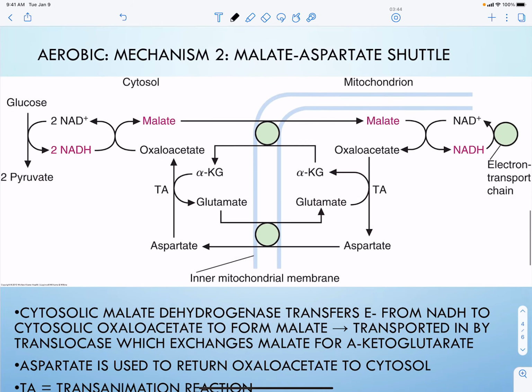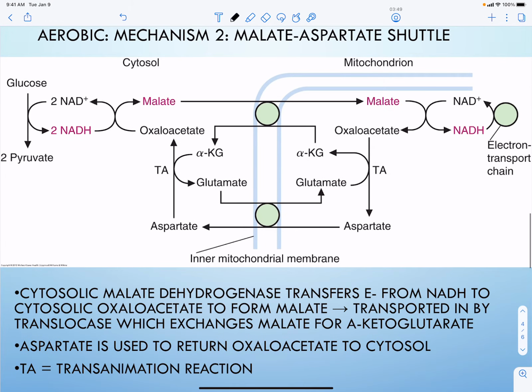Now the second mechanism for shuttle is going to be the malate-aspartate shuttle. Again, we started with glycolysis. We have glucose, we made our 2 pyruvates, we made our 2 NADHs, and our NADH can transfer the electrons to oxaloacetate, and this will generate malate.